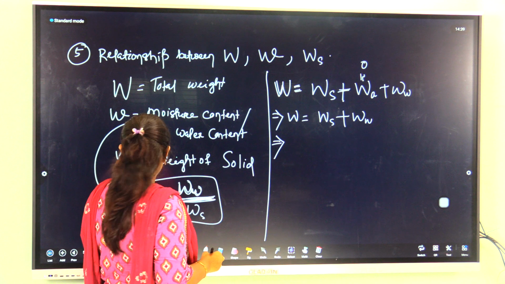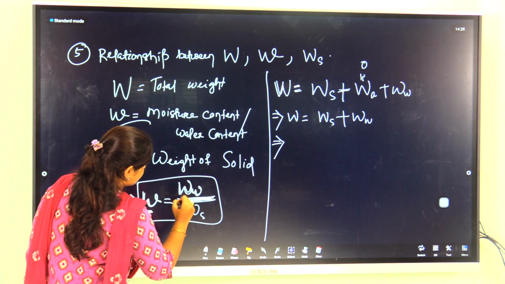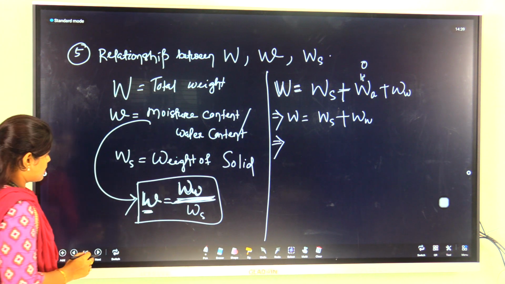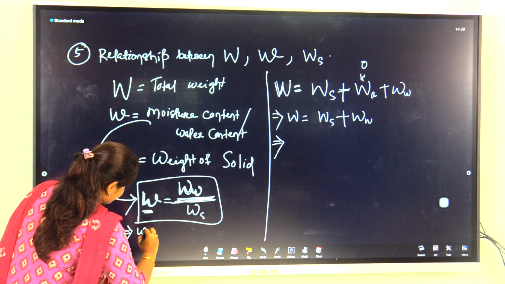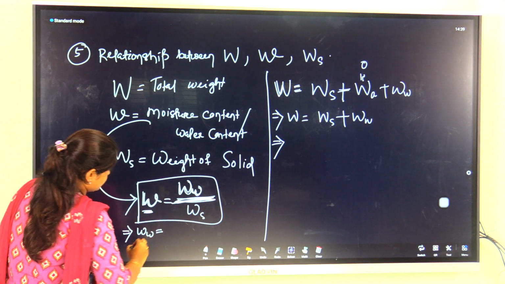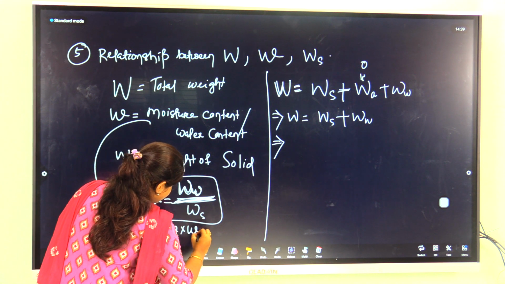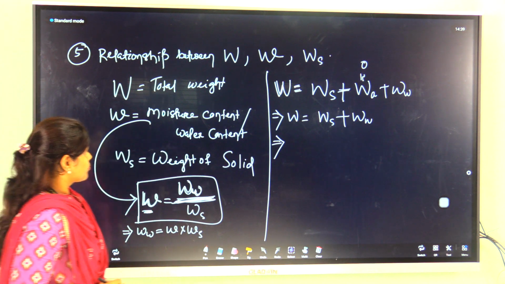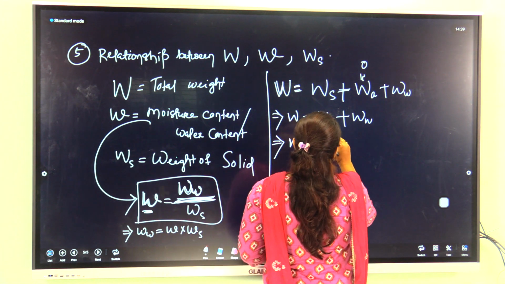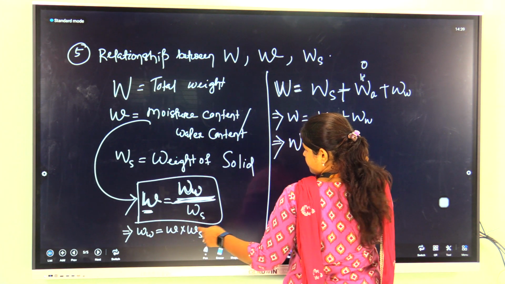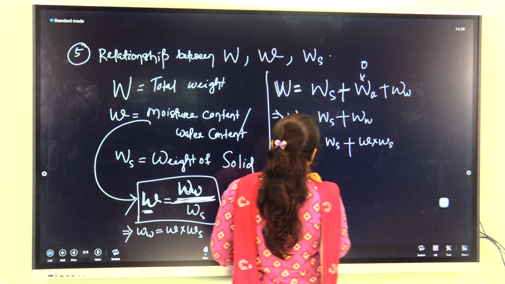So, as we have done before, we know that moisture content equals Ww by Ws. We can write it as weight of water equals moisture content into Ws. So, here we can put the same: total weight equals Ws plus moisture content into Ws.